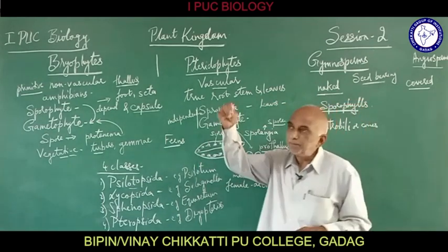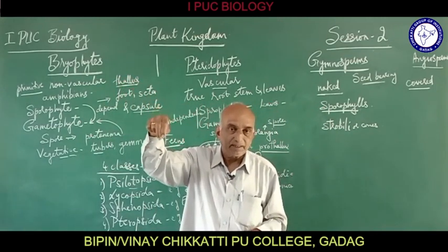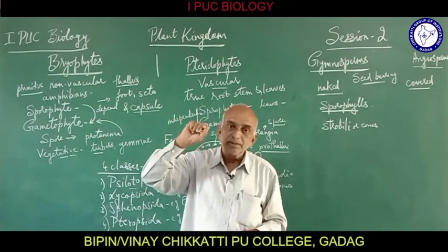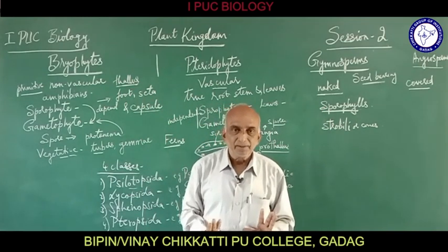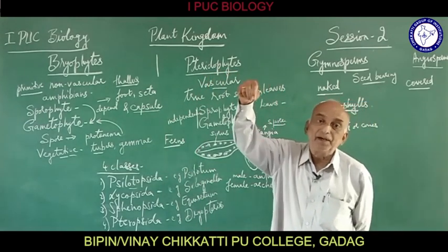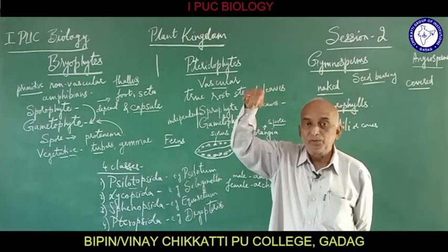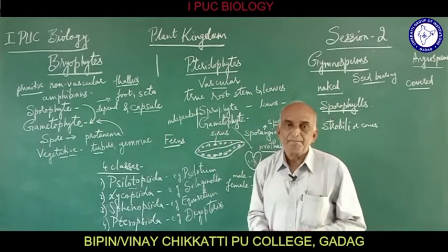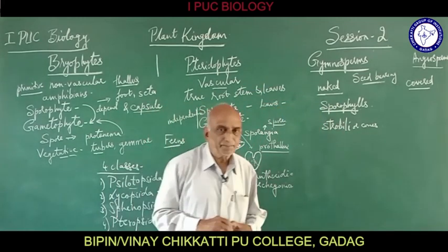Imagine in a mango tree, or a tomato plant, the fruit wall is not there, and only the inside seed is hanging. It is a naked seed plant. So angiosperms are not naked.